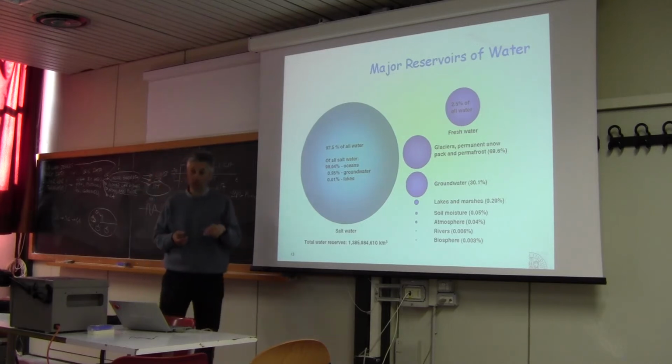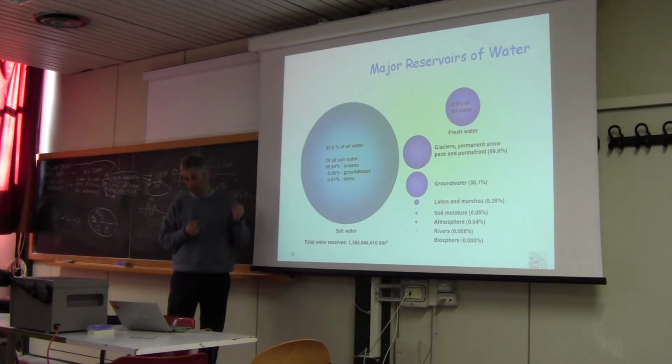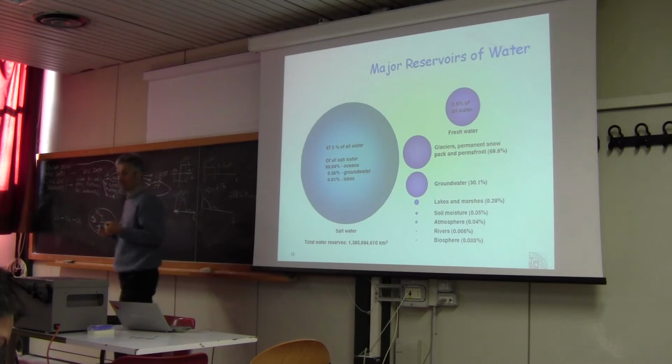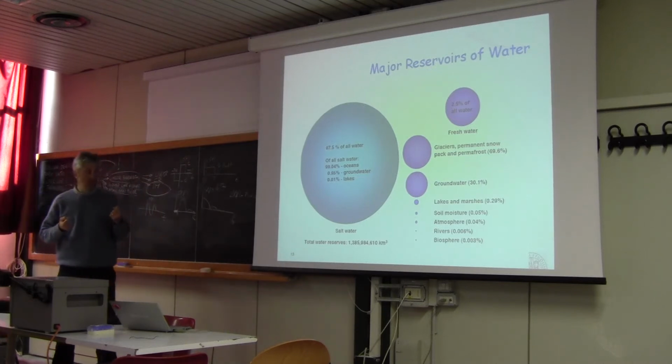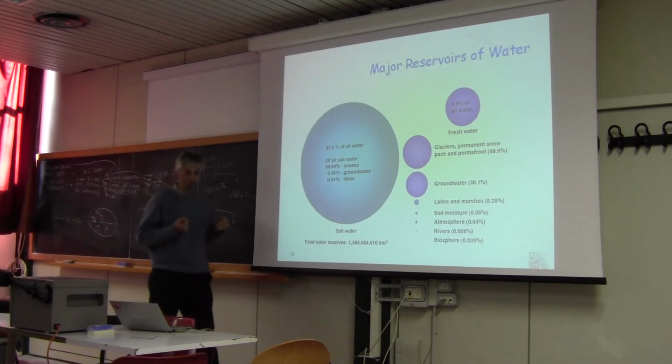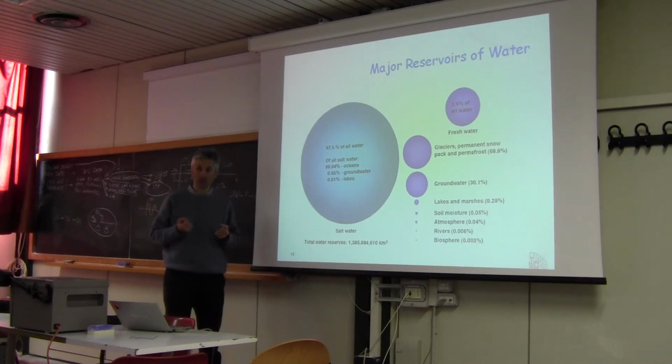Because if you dig a well in the ground to get some water from the underground, and this is one of the most important ways to secure water to people, and you find salt water, of course it's a big problem because it's not fresh water. And usually the intrusion of salt water is also provoked by humans when they extract water from the underground.